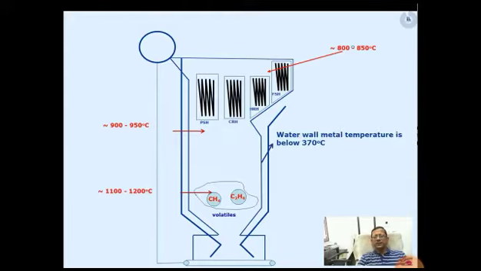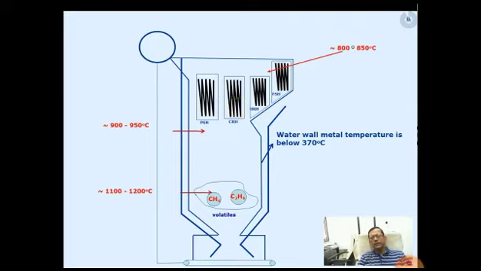Therefore, the temperature of this water wall metal, in case of subcritical boilers, naturally has to be less than 370 degrees, right? This is ensured by ensuring proper circulation in this evaporator section.